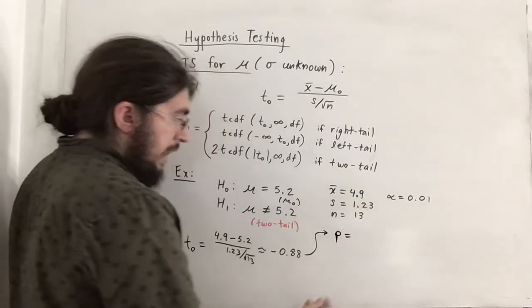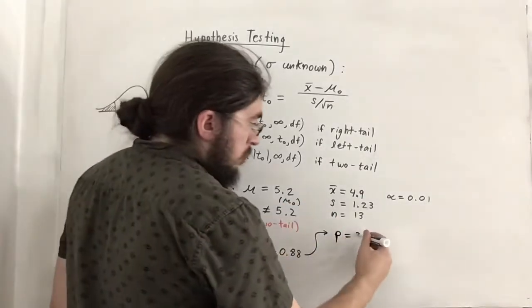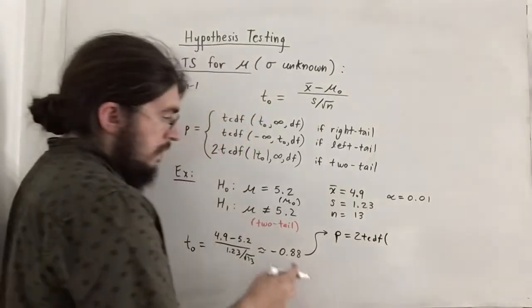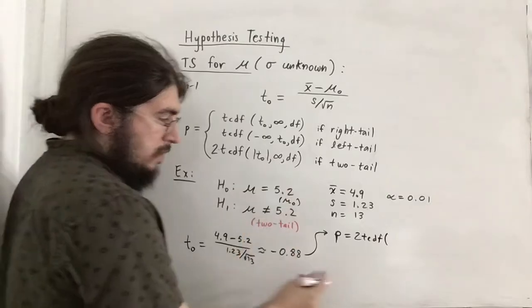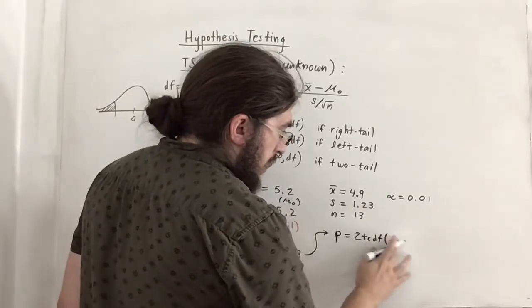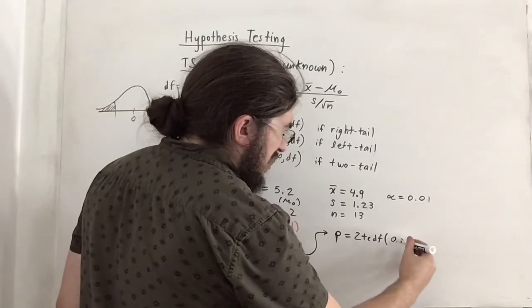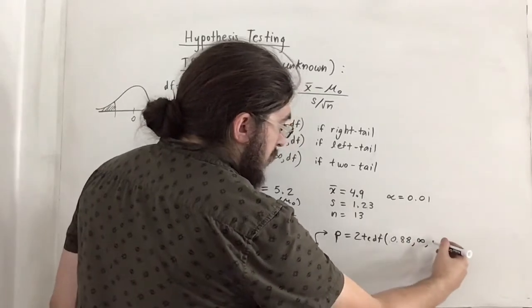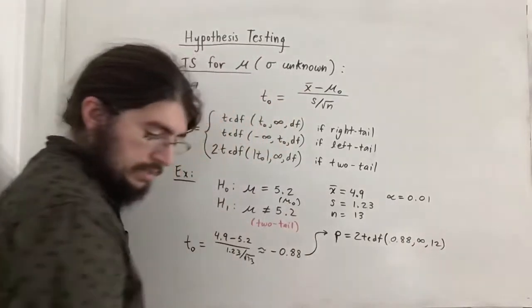Again, it's two-tail, so it's going to be 2 times TCDF from this positive value, 0.88, to infinity, comma, degrees of freedom are 12 in this case.